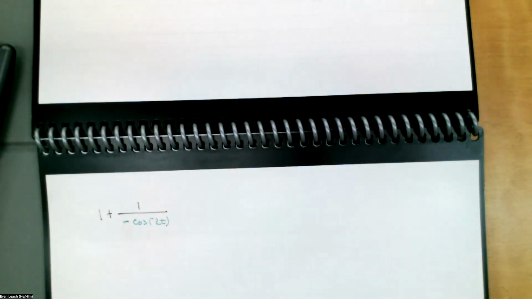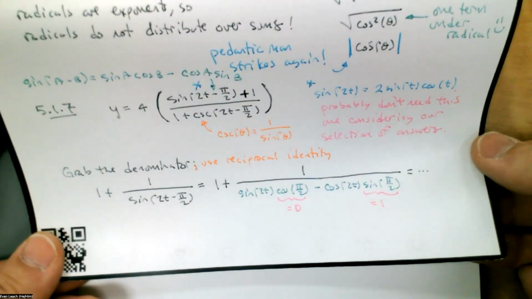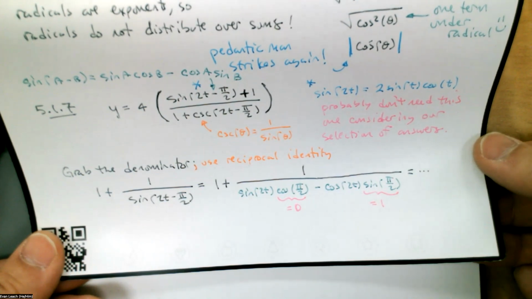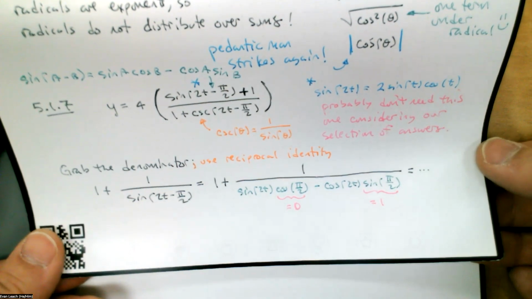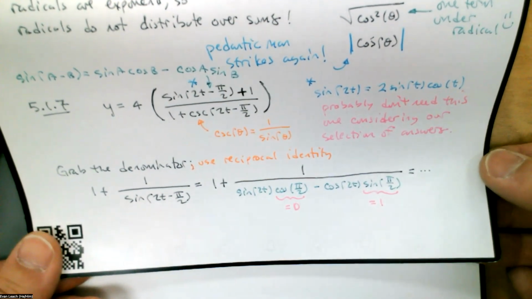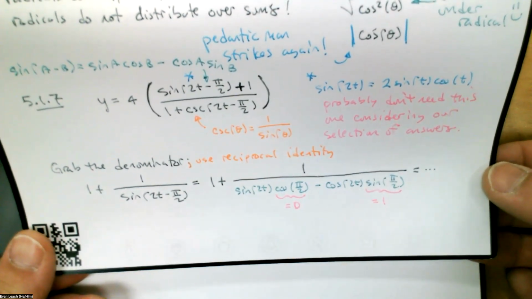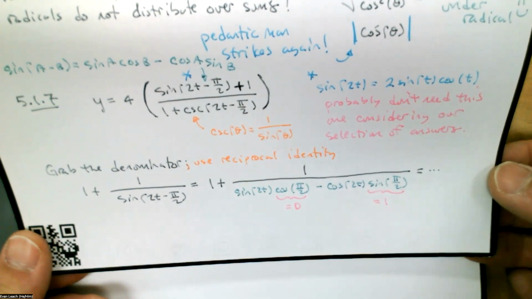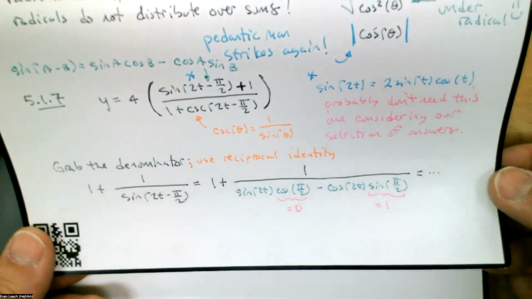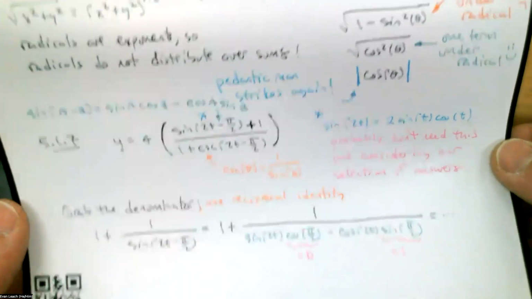Yeah, I'm using the difference identity for sine because my expression is sine of 2t minus pi over 2. That gets multiplied by the cosine of pi over 2, which is 0. So the sine of 2t drops out. Sine of a minus b.